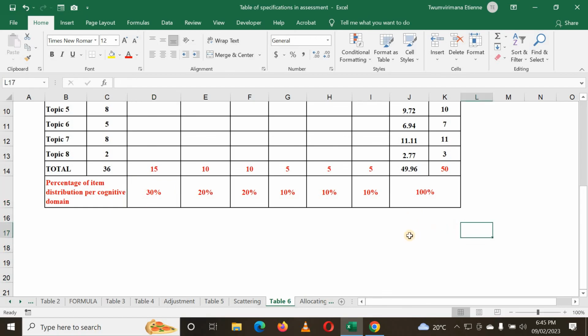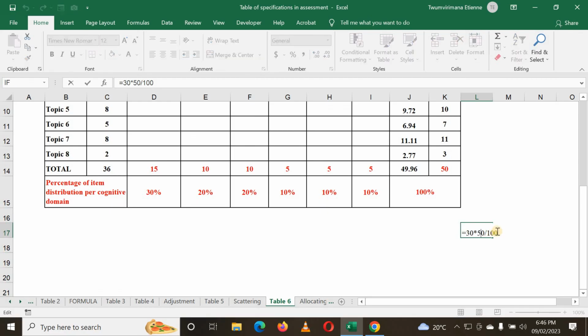Let me try to calculate. The percentage that we're going to use is there in your distribution. This is 30%. 30% of what? Of the 50 questions that we are going to put in your paper. You take the number of questions times 30% and divide by 100. This is 15.